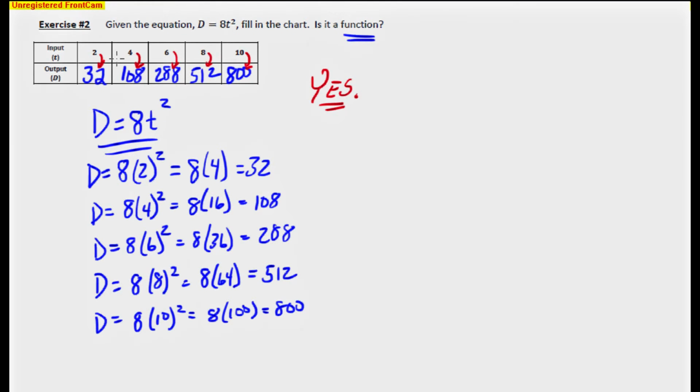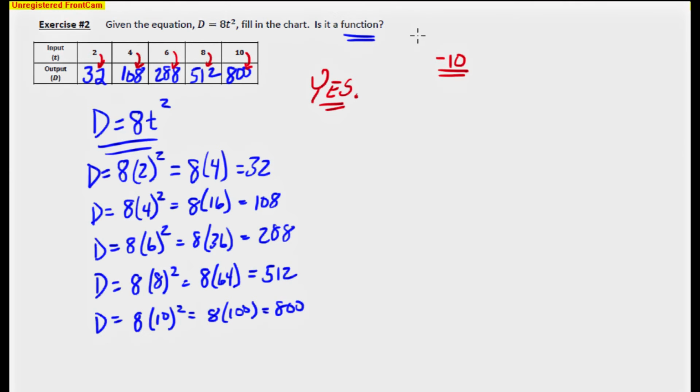Now be careful, all right, be careful, because it depends on the inputs that they give you. I want to show you this real quick. What if we were to use an input of -10? I know this is not one of the inputs they gave us, but just by these inputs, yes, it is a function.